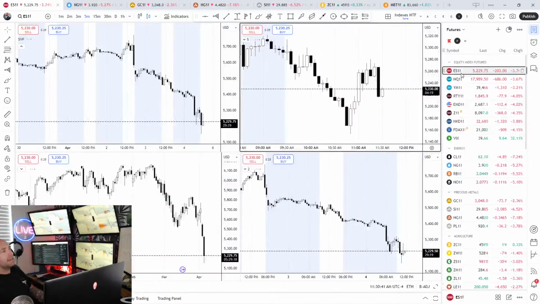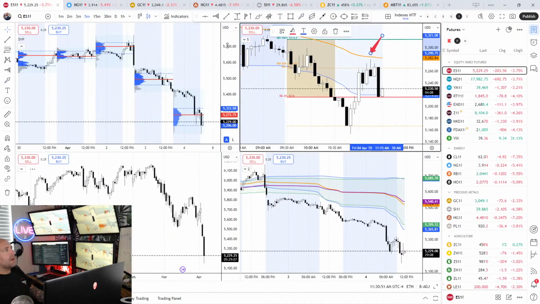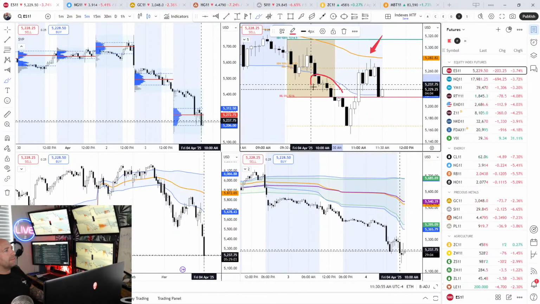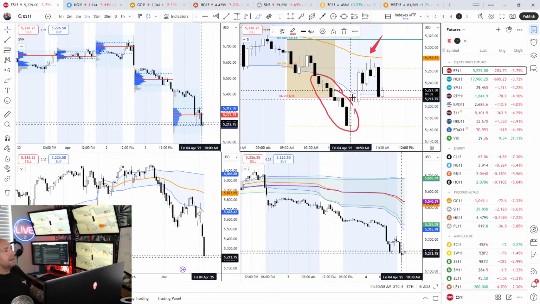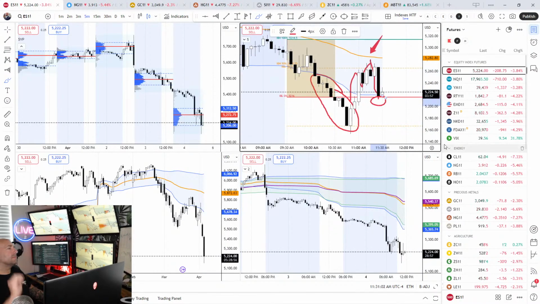Let's see if we got anything else. Close here. This would have been the VWAP Bounce trade. So spending time out in price discovery, return to value, VWAP Bounce. Now it's fade value area extremes. So lots of setups on ES in the last 30, 40 minutes.